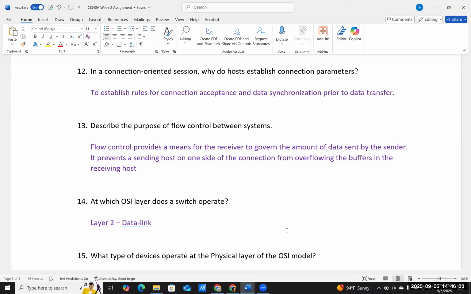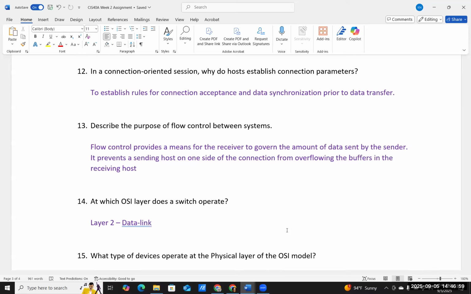Sometimes a managed switch is also only used at layer 2. We would use that to connect systems across the network. So data link is the way that we frame our data, give it a header, and it is able to locate which system from the MAC address.